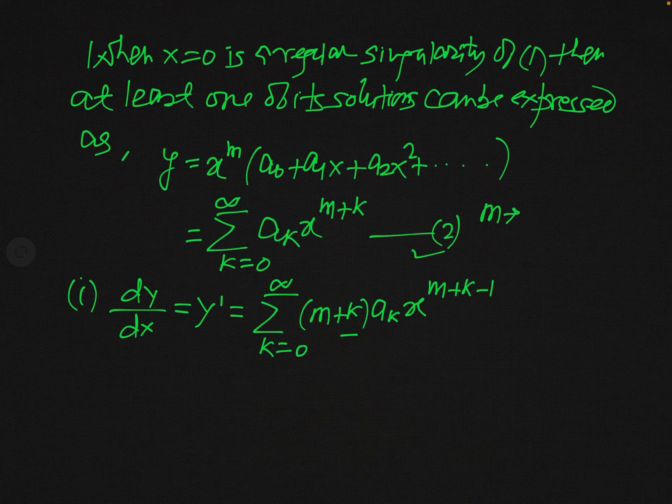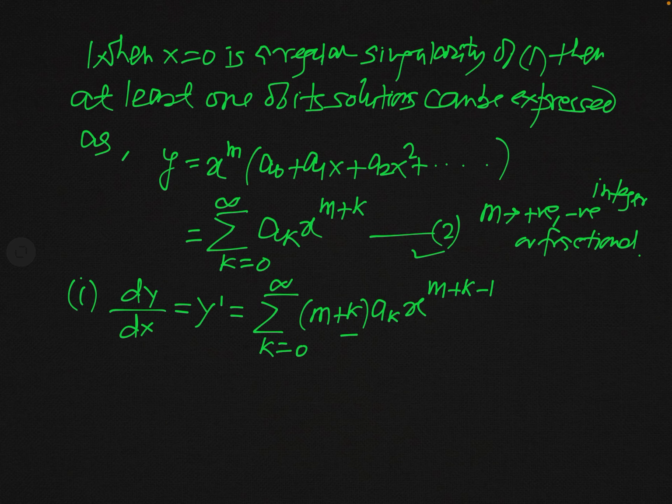You know, this m is actually a positive or negative integer, and apart from its positive negative integral value, it has also fractional values. So m will be either an integer, positive or negative, or any fraction. So this is y prime.